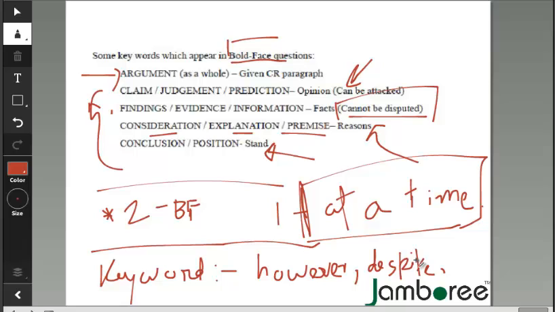So look out for these keywords when you are reading the argument. We'll do a few questions, and it will help you come down to the correct answer. So any questions?